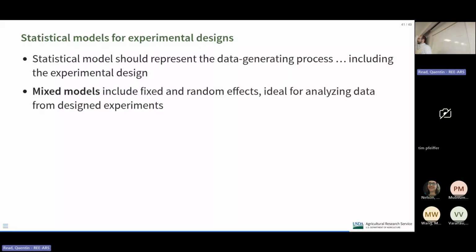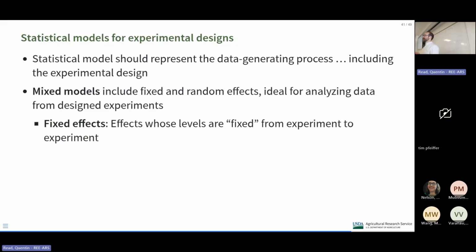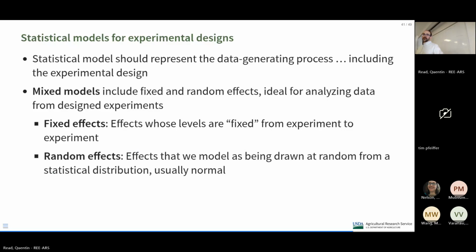And the ideal tool that we have for analyzing data from these designed experiments is a mixed model. A mixed model is called mixed because it has a mixture of fixed and random effects. What does that mean? The way I think about it, a fixed effect is called fixed because the levels of that effect are fixed from experiment to experiment.